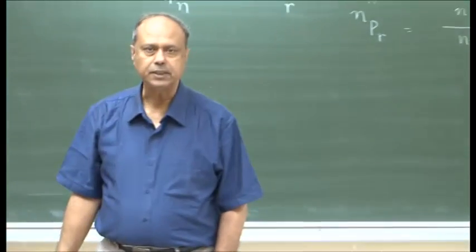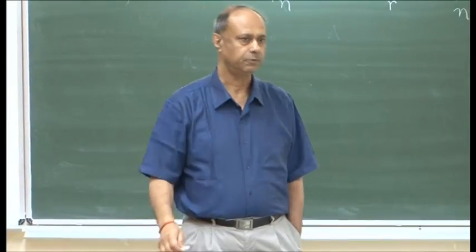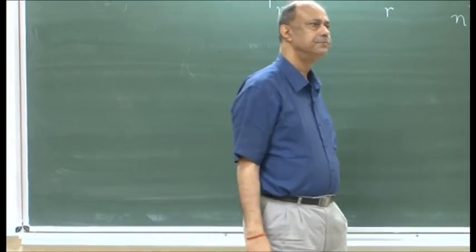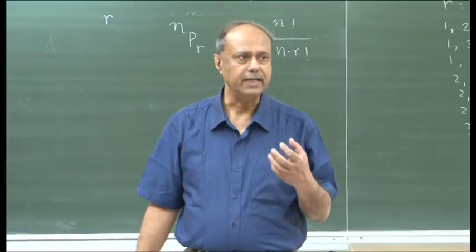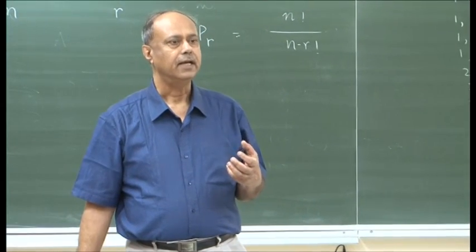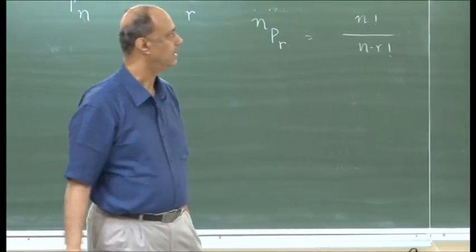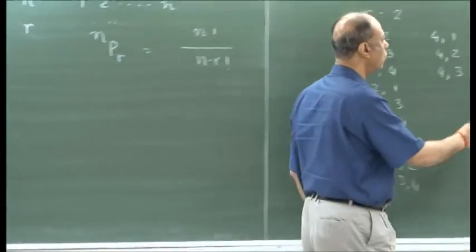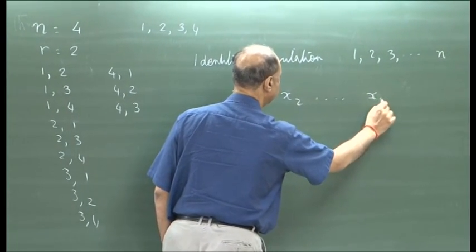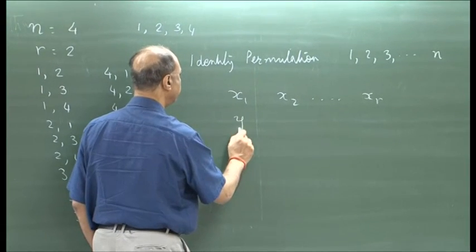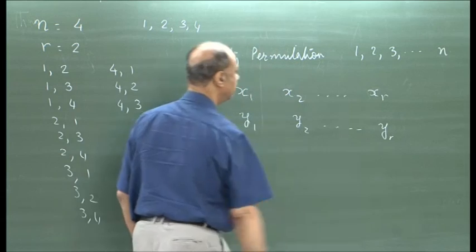Now, when can we tell that two permutations are distinct? One, the existence of one element is different from one permutation to another. Suppose I have one permutation x1, x2, up to xr, and another permutation y1, y2, up to yr.